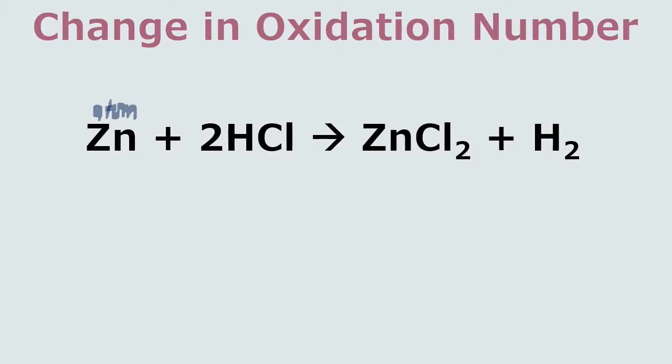The oxidation number of atom is 0. The oxidation number of regular ions is the same as the charge of the ion. So hydrogen ion, the oxidation number is +1, while chloride ion, the oxidation number is -1. This oxidation number is the same as the charge of the ion.